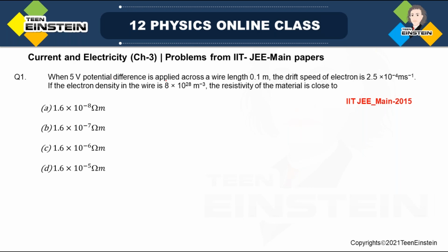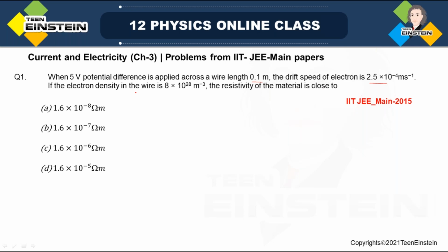Potential difference is applied across a wire of 0.1 meter length. The drift speed of electron is given as 2.5 into 10 to the power minus 4 meter per second.